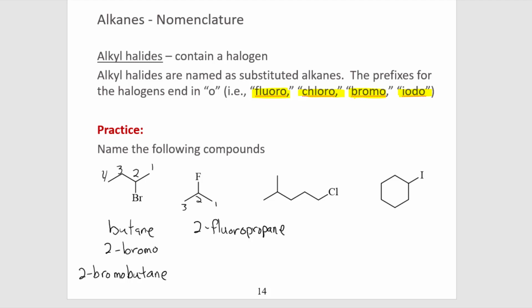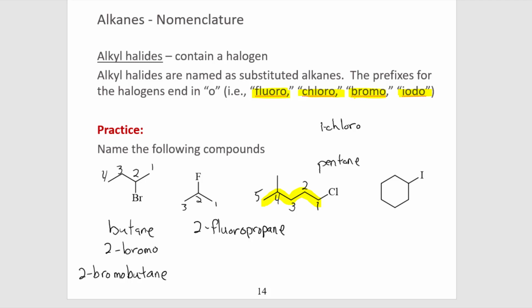What about this one? Longest parent chain, 1, 2, 3, 4, 5. It's pentane. There's a 1-chloro. And I chose to label the 1 at the chlorine. 1, 2, 3, 4, 5.